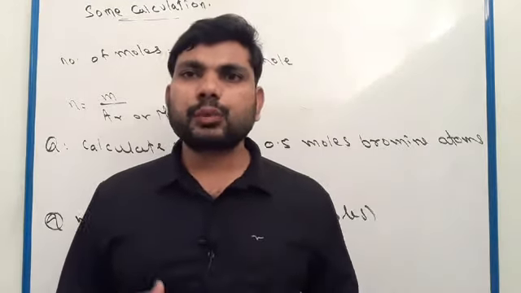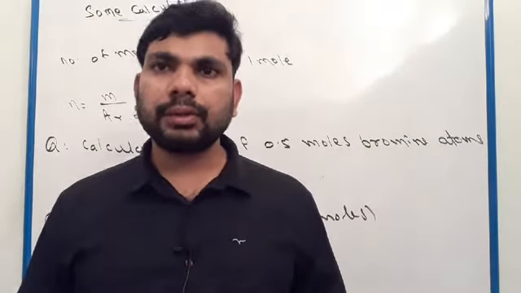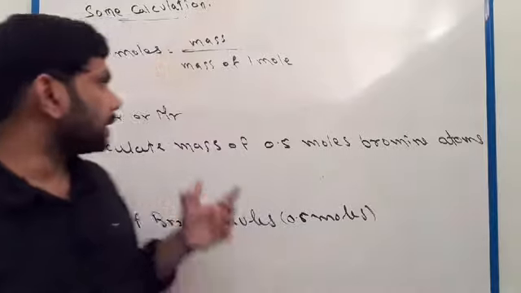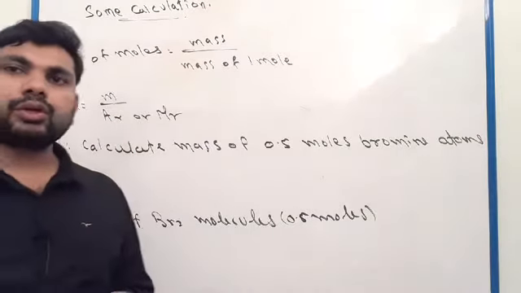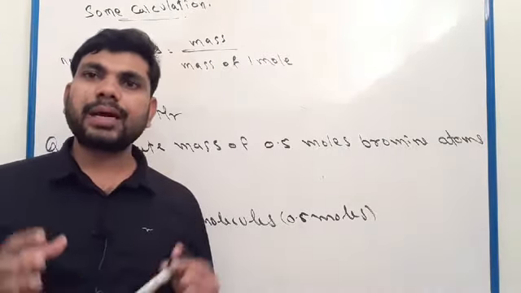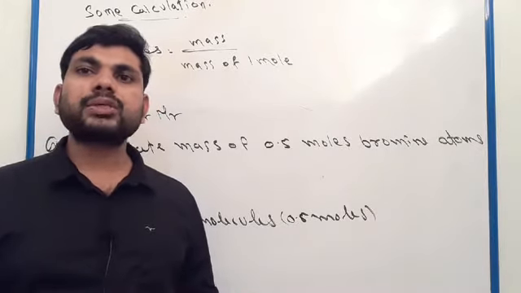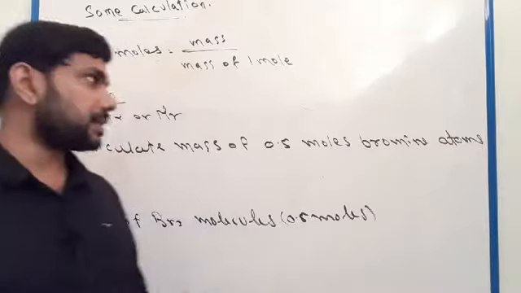Based on this, we have some calculations here. To solve these calculations, we have to remember this equation. Number of moles, n, is equal to the mass of the given substance divided by the relative atomic mass or relative molecular mass.